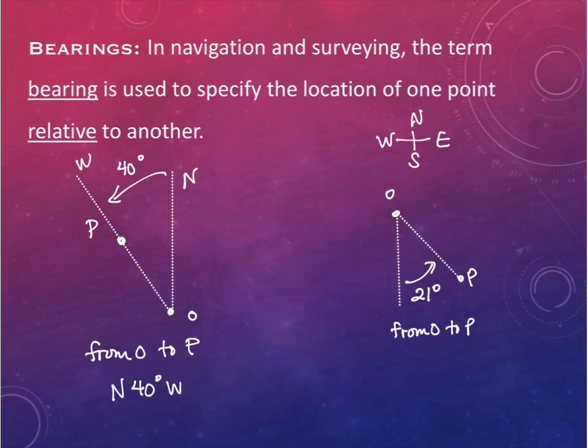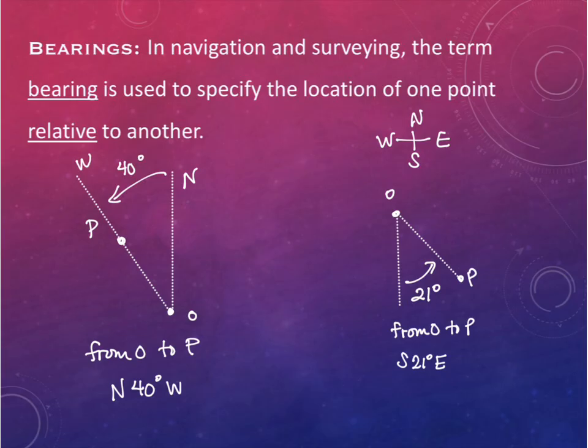What would we describe first? South, okay? South, and then what? 21 degrees, and then it would be east. So we would go south and then 21 degrees east. And if we were on a boat, you'd set your dials and so forth to give you that bearing, and that's how you would know where to go from where you are.